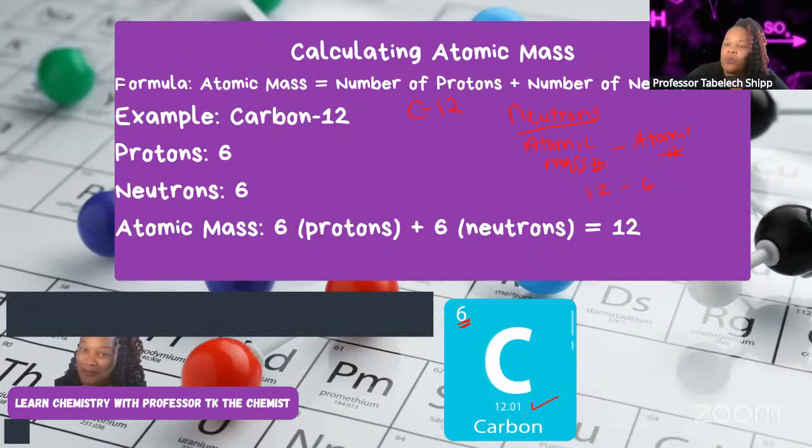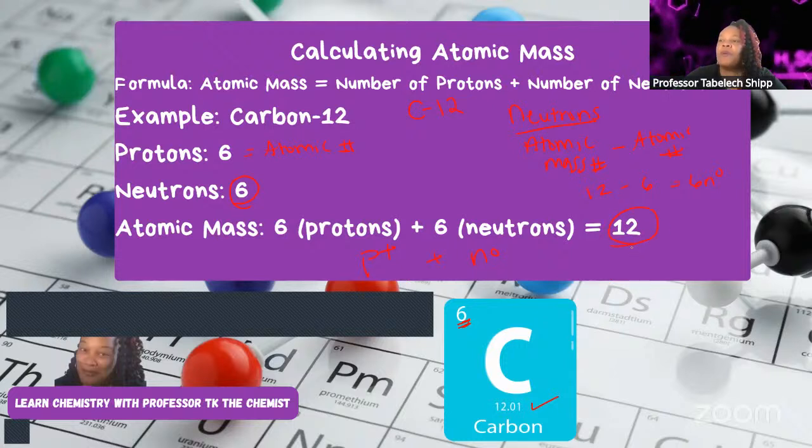The mass number was 12. The atomic number was 6. So this gives us 6 neutrons. So this is where the 6 comes from right there. Now, our protons, remember, equal your atomic number. So we just write that number down quite simply. And then if I ask you to calculate my atomic mass number, you're just going to take your protons plus your neutrons, and that's going to give you 12. It's that simple.